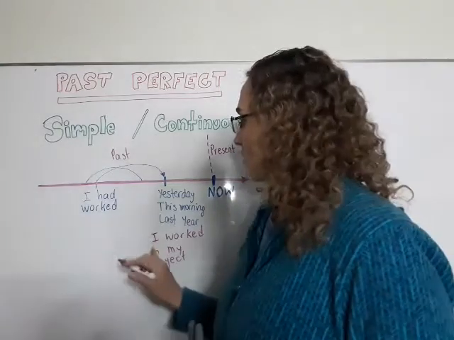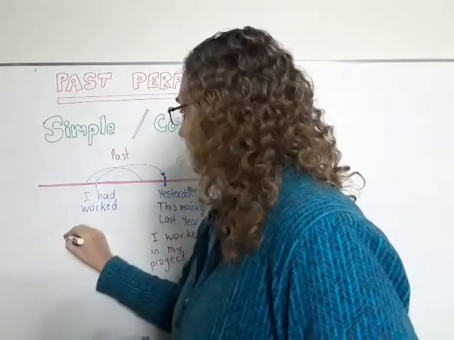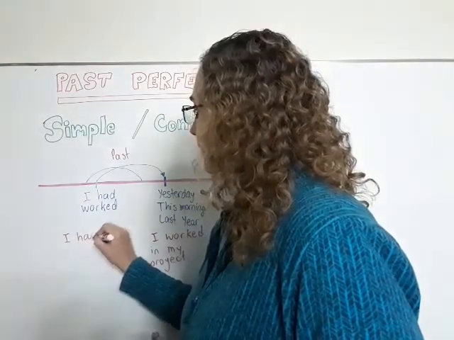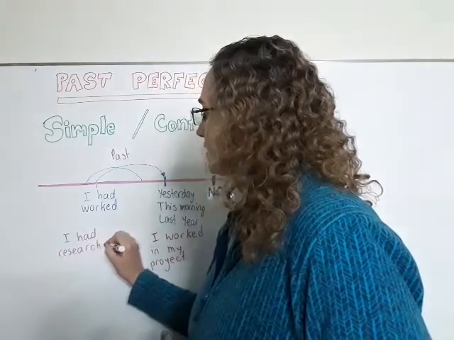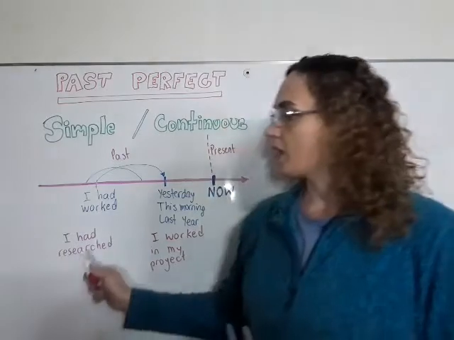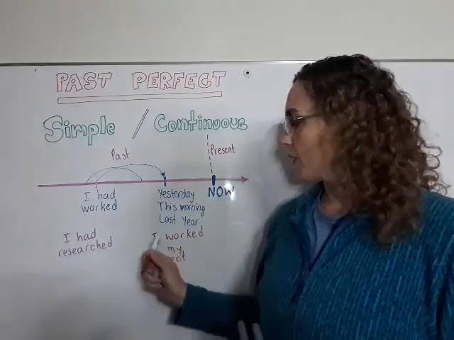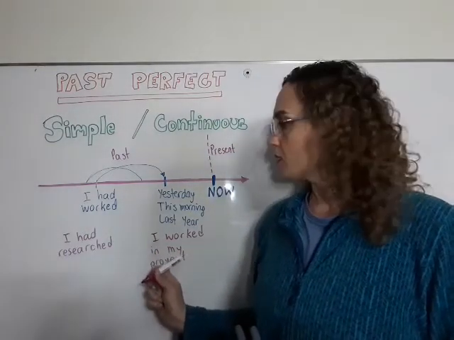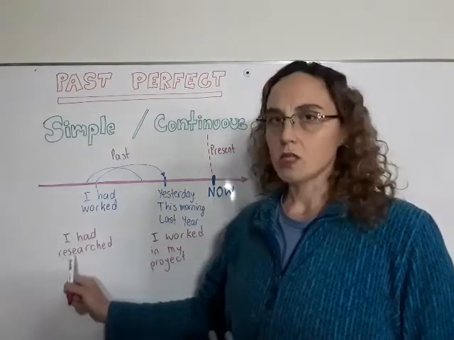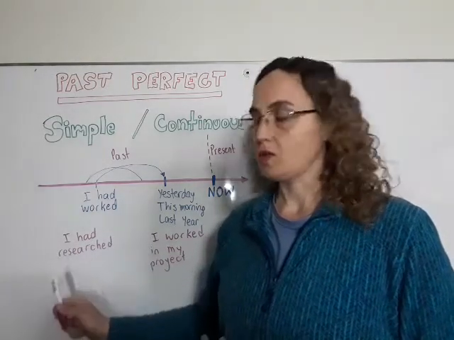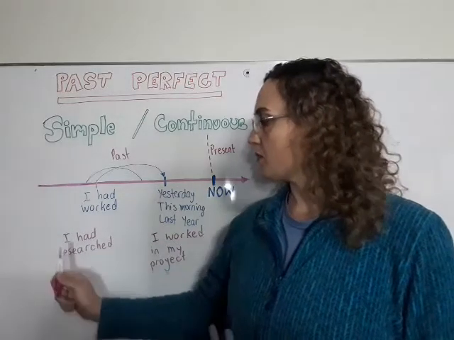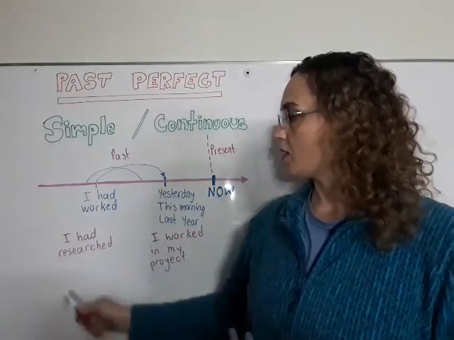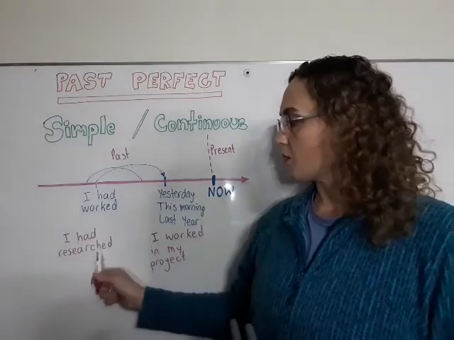And the action that happened before that, I had researched. So, before I worked in my project, I had researched it, or I had done an investigation on it. Before I worked in my project, I had done an investigation, I had researched it. That is the past perfect simple.